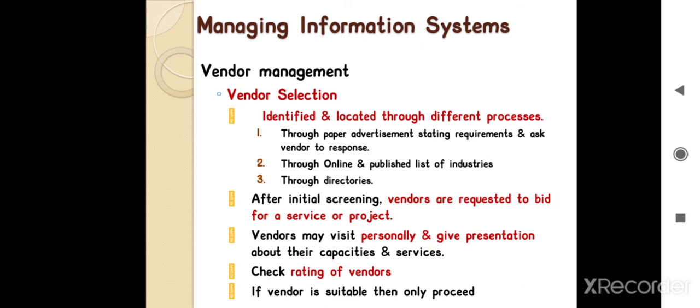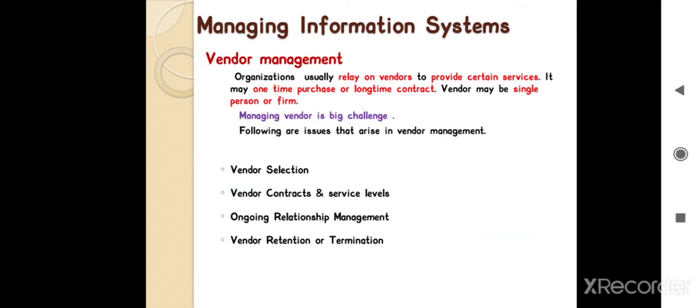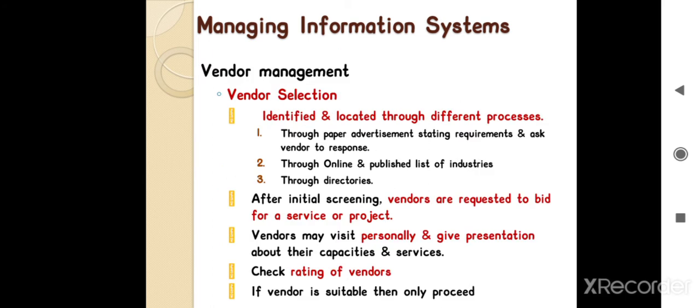We also have to check the rating of those vendors. The vendors might already have worked with other organizations, so what is the rating given by those organizations, 1 star, 2 star? It is like when we buy a product as a customer and give feedback. In the same way, the organizations for which that vendor has worked can give feedback. So that is checking the rating of the vendors.